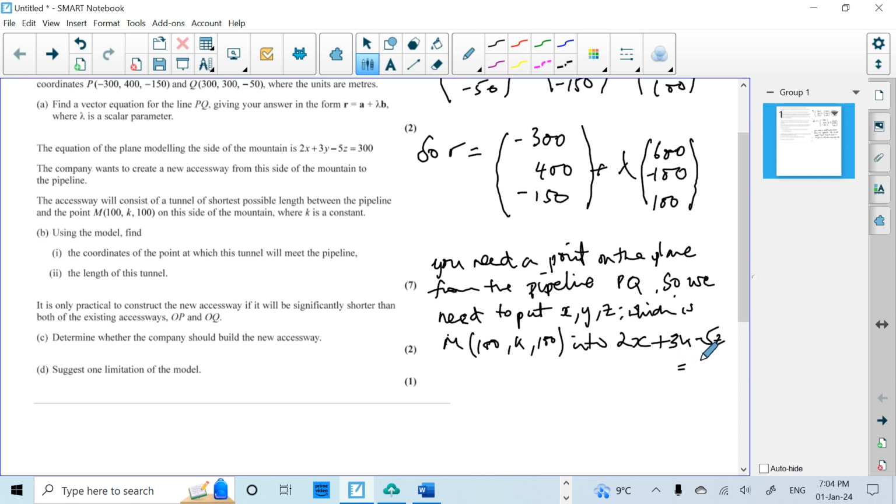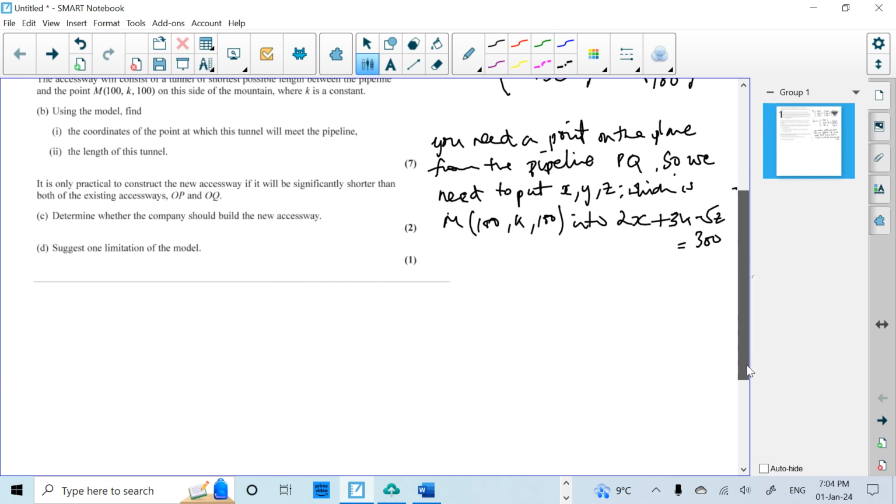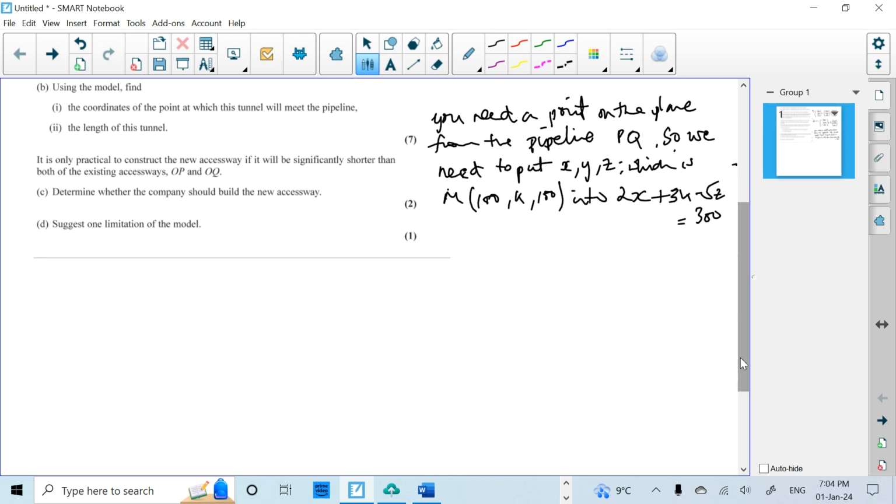I ran out of space there, but that's what I'm doing so that I can find what k is.